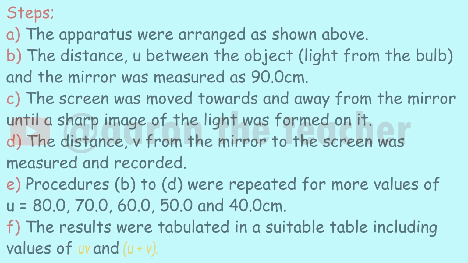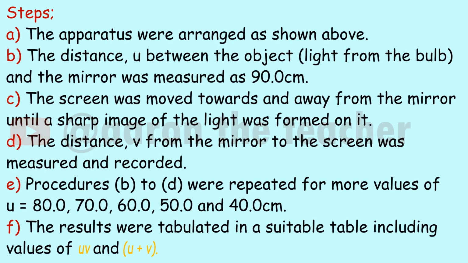And then we move on to the steps. Step A, the apparatus was arranged as shown above. Then a distance u between the object, which is the light from the bulb, and the mirror was measured, beginning with a distance of 90 centimeters. Procedure C, the screen was moved towards and away from the mirror until a sharp image of the light was formed on it.